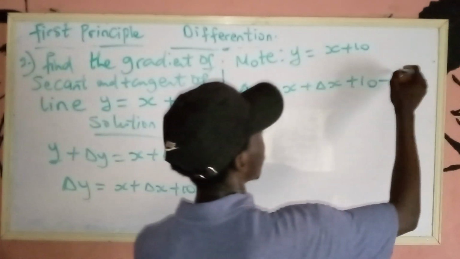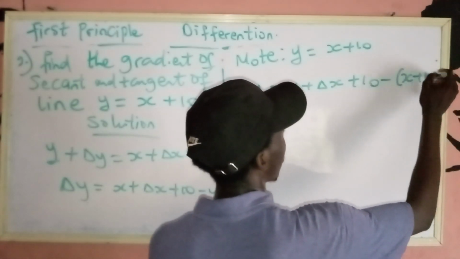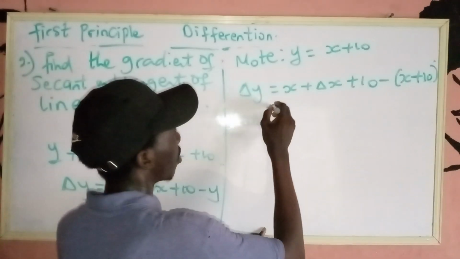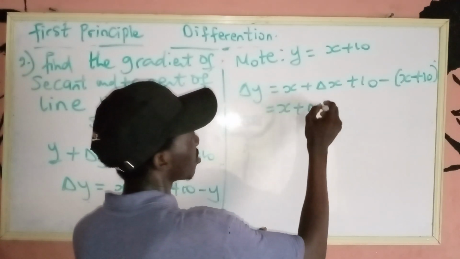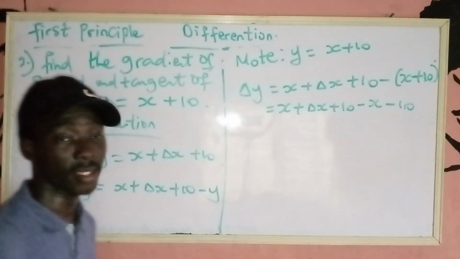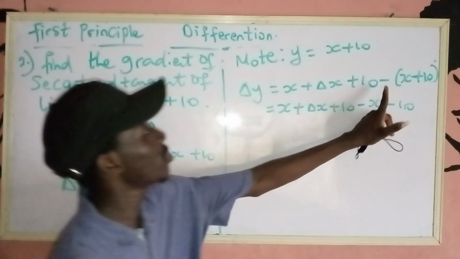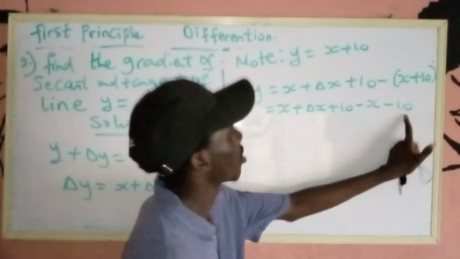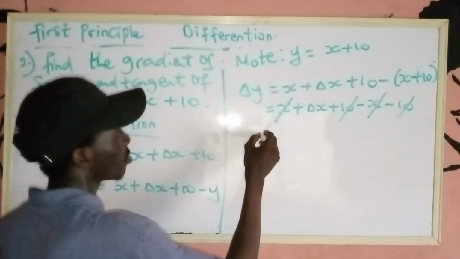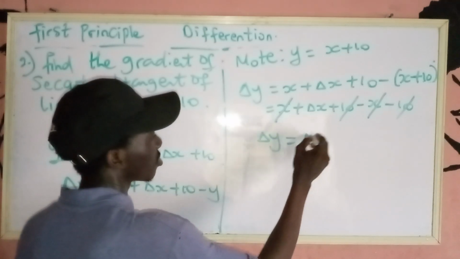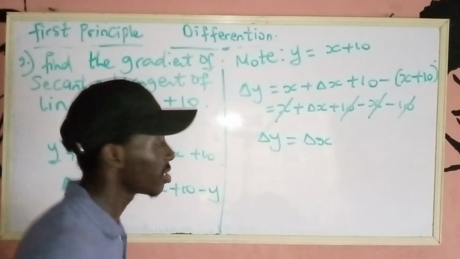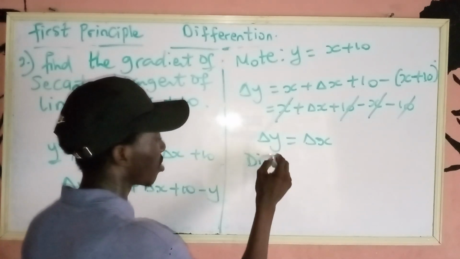My y is x plus 10, so that is into brackets x plus 10. So x plus change in x plus 10 minus (x plus 10). When you open this and you have minus x and you have minus 10, this cancels this cancels this. So I'm left with change in y is equals to change in x. What is the next step? Divide throughout by change in x.